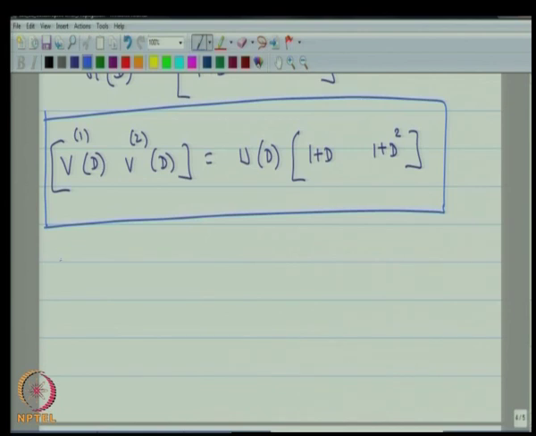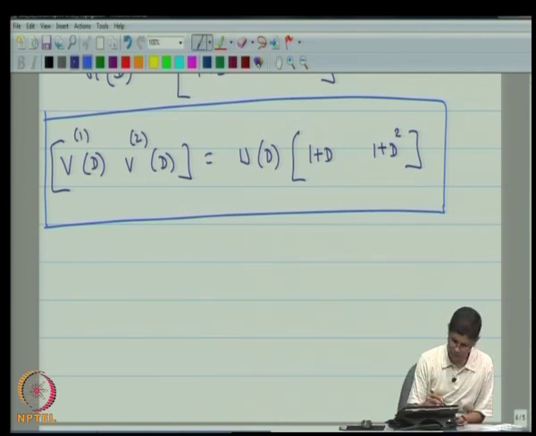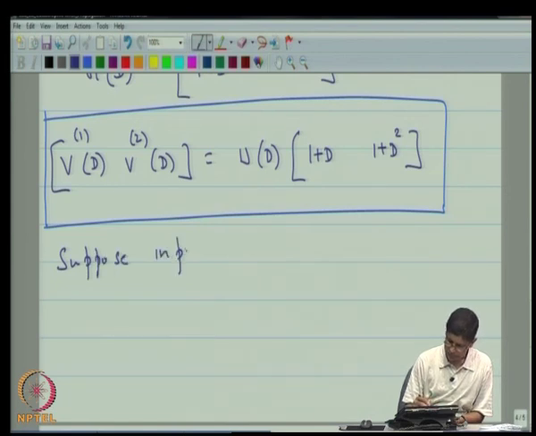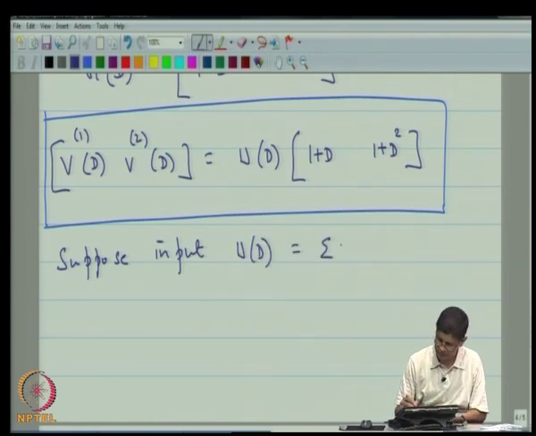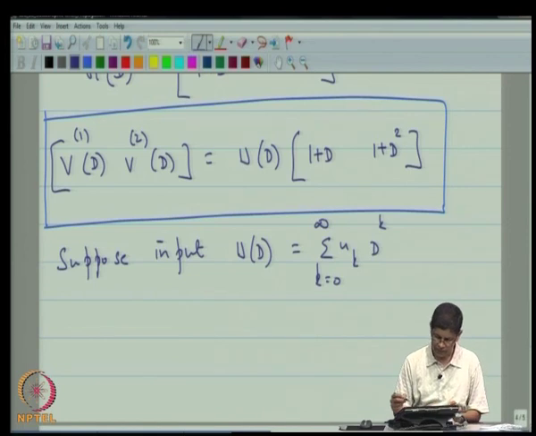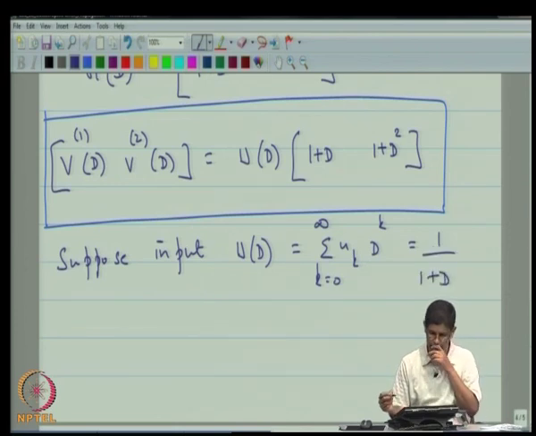Suppose your input, the input u of d. Now, of course, this is the input power series. So, this is the sum u k d to the k, k goes from 0 to infinity. Suppose the input sequence u sub k is such that this is equal to 1 upon 1 plus d.